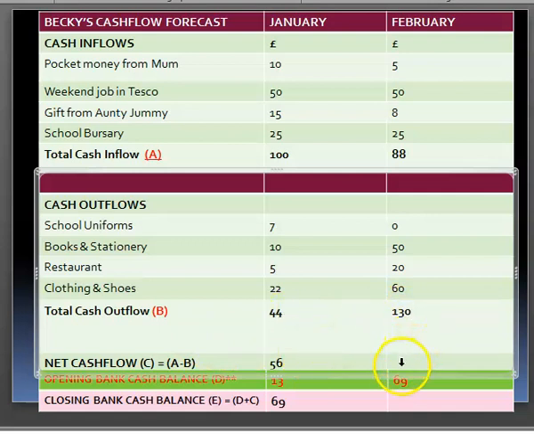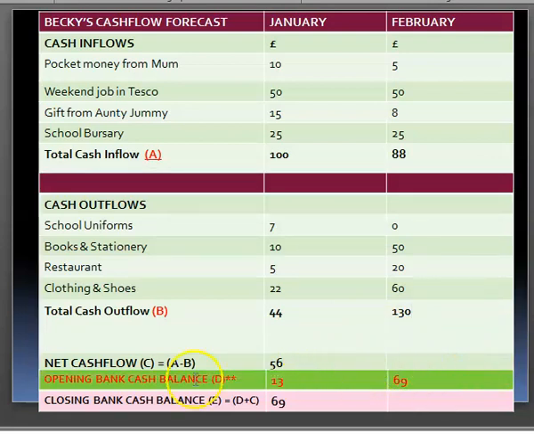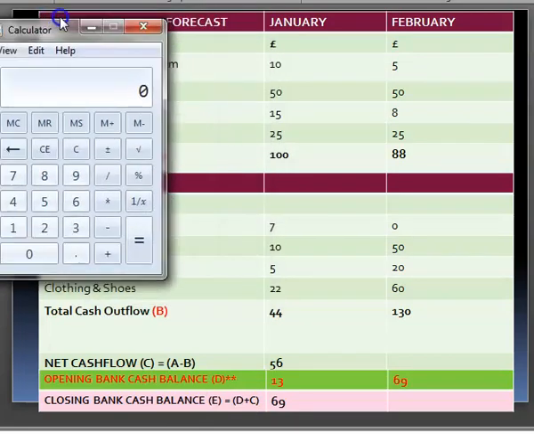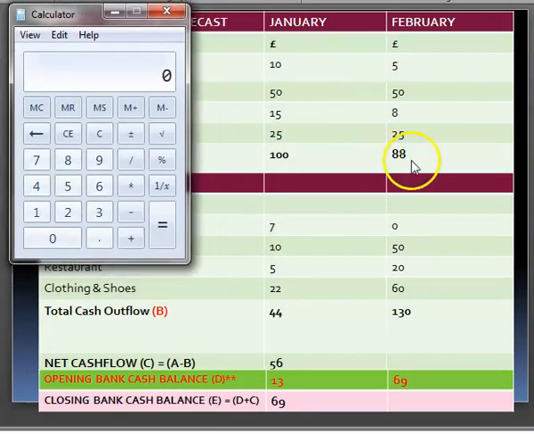Now we need to find out how much money you're going to be having left in February. So your net cash flow, which is section C, is going to be A minus B. That is section A, which is £88, minus section B, which is 130. So let me bring the calculator back to you again. So it's gonna be £88 minus £130.